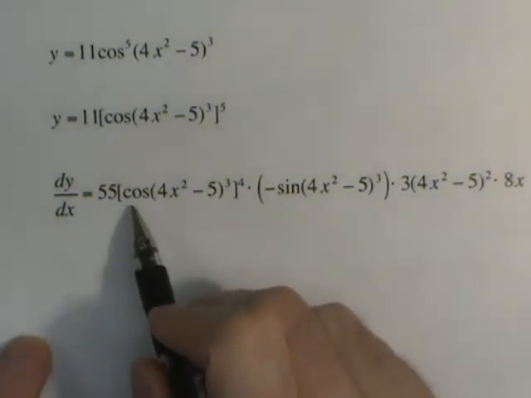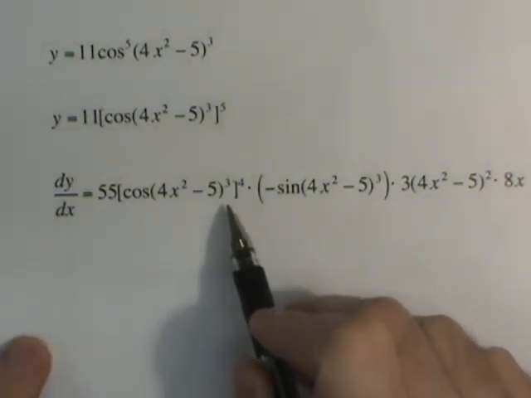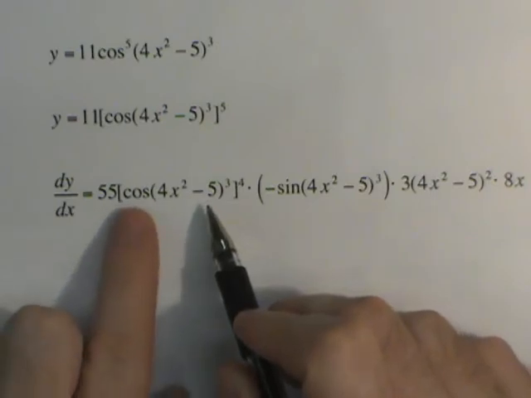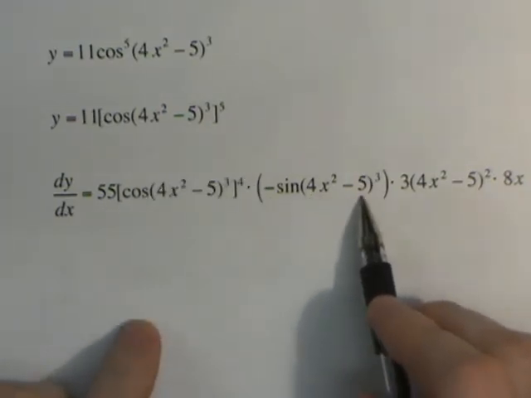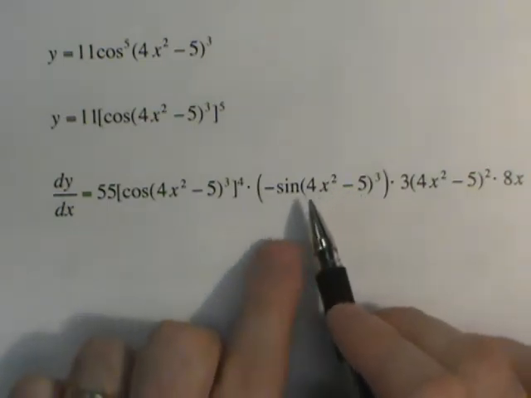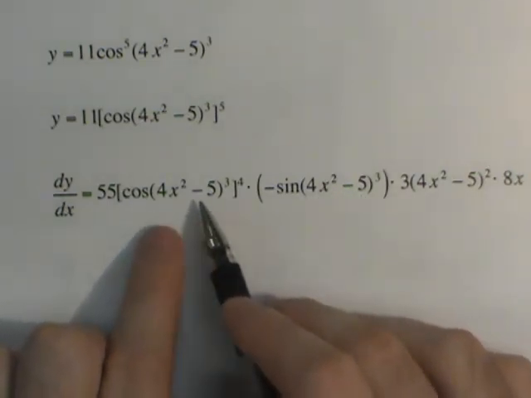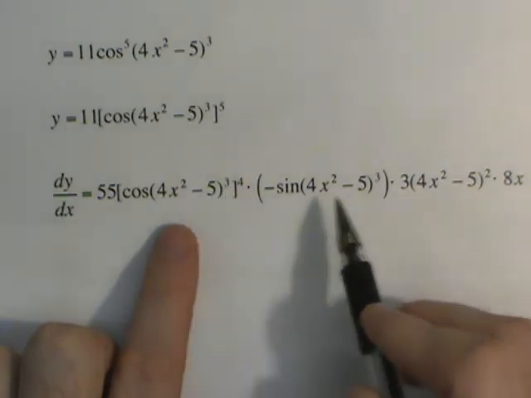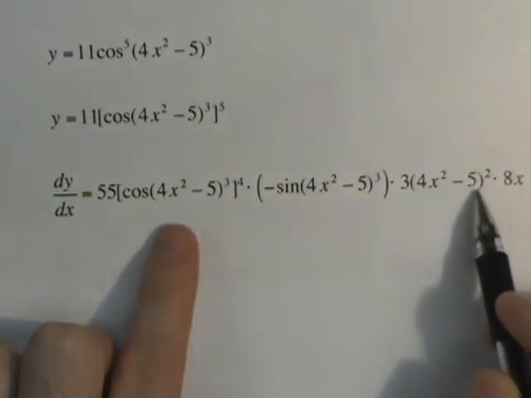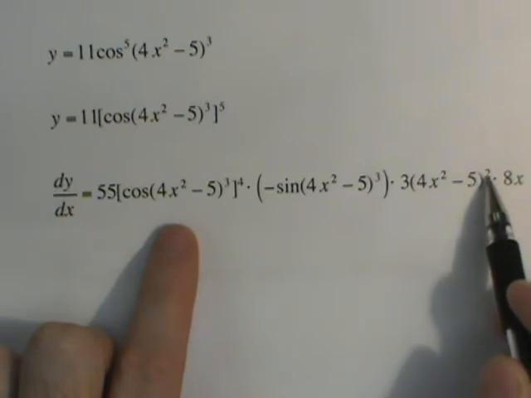Then I have to come inside these parentheses and ask, can I take a derivative of what's in the parentheses? First, I would start with the cosine. The derivative of cosine is negative sine the angle. And then I look at the angle and say, well, can I take a derivative of that? Well, this angle actually has a power to it, so I have to start with 3 times the angle raised to the second power.